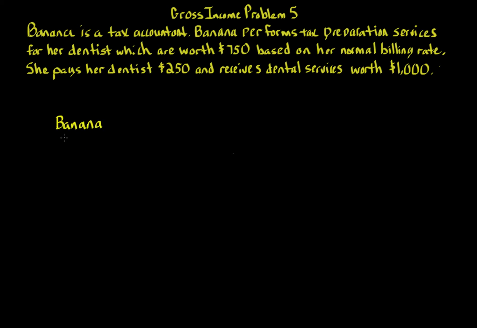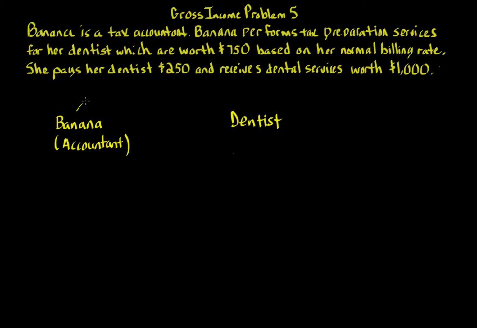So we have Banana, the tax accountant, right? We're talking about taxes, and there's the tax accountant. And then we have a dentist who obviously performs dental work. Dentist needs tax return services because they have to file every year like everybody. Banana needs the dental services to keep her teeth very healthy. So the idea here is that they want to do a trade for services.